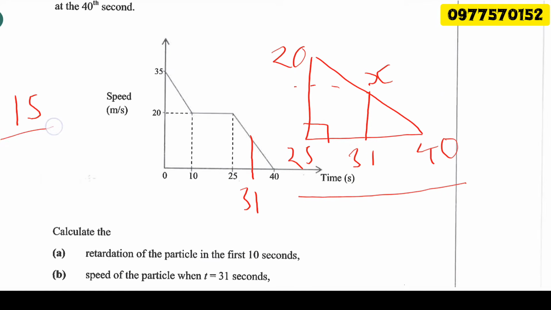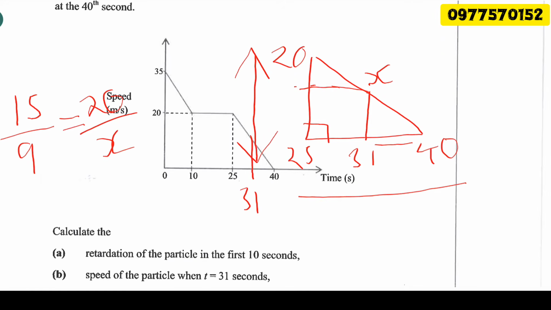So we're going to say 15 over the smaller length, which is here from 31 to 40, which is 9, is equal to the longer height, which is 0 to 20. It is 20 divided by the shorter length here, which is just the x.